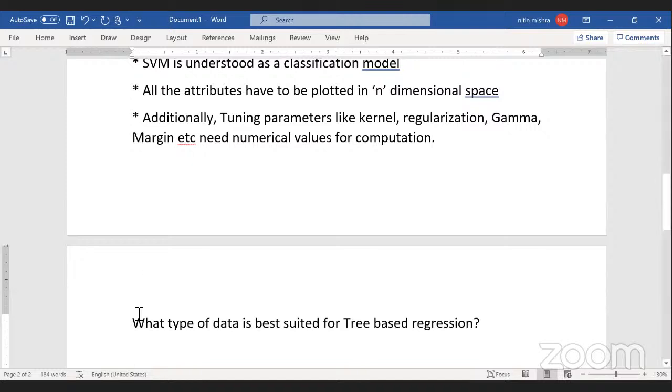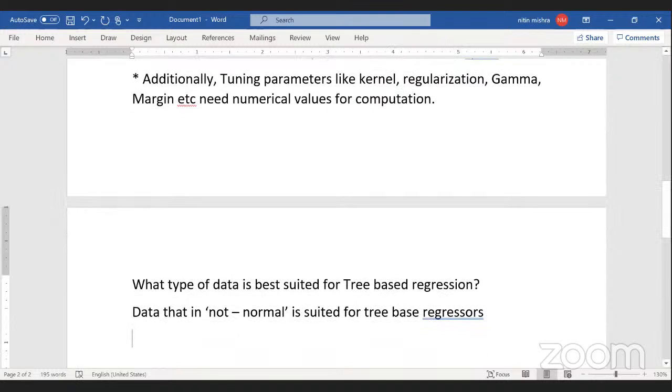So let me give you the answer. Data that is not normal suits tree-based regressors.